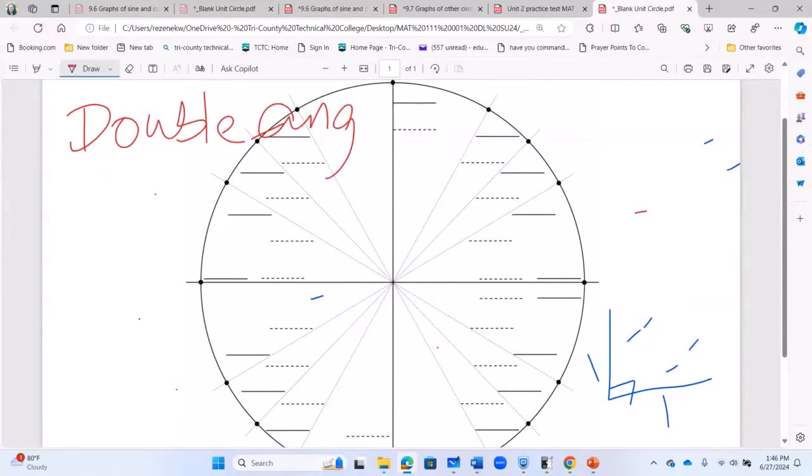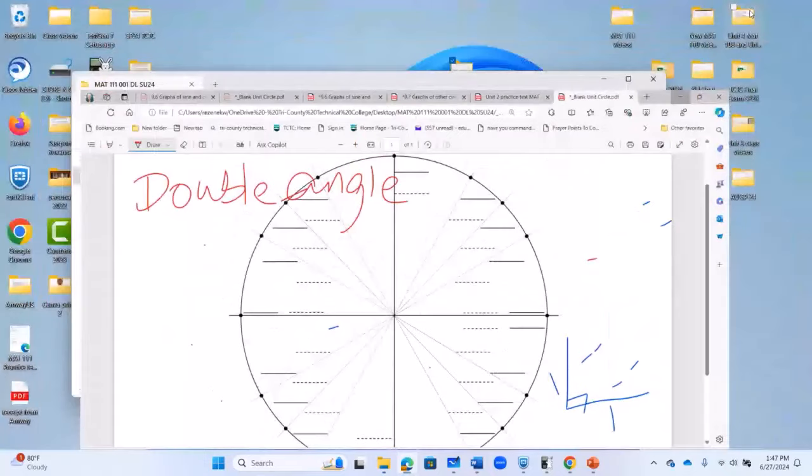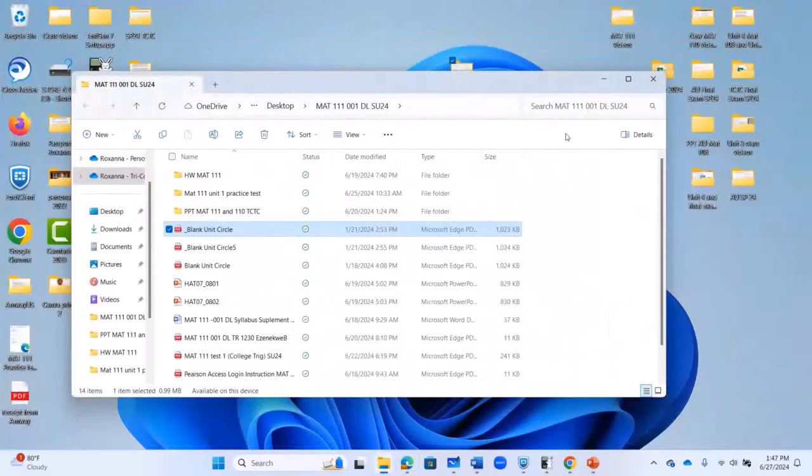Let me pull up the formula sheet so you know what we're talking about. And then the sum of two angles identities, difference of two angles identities. Let me go there and make sure that you know what I'm talking about.